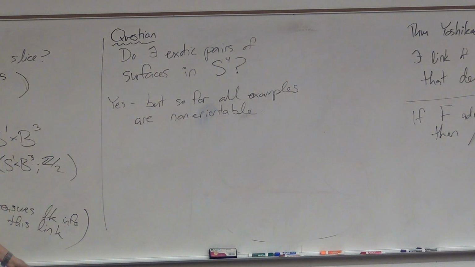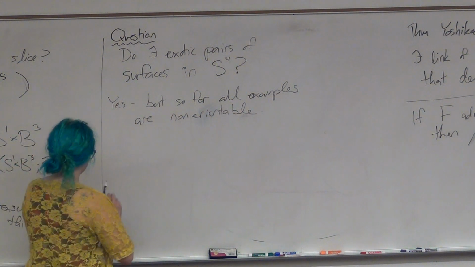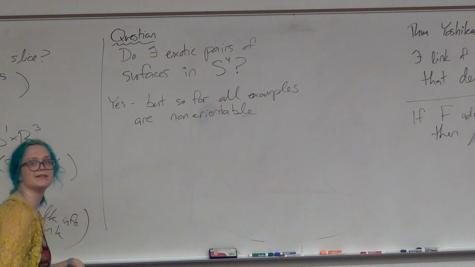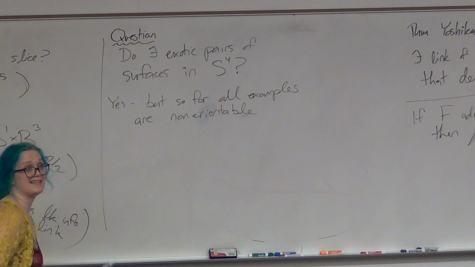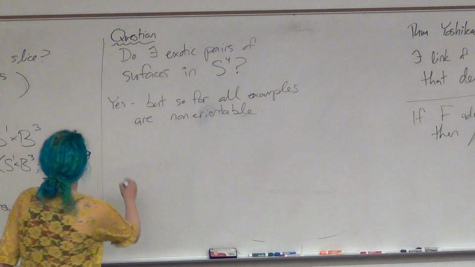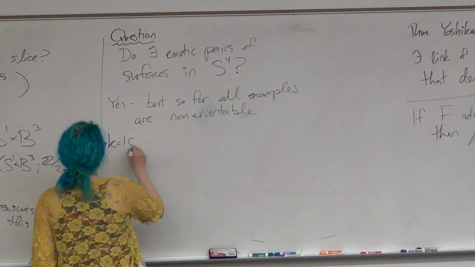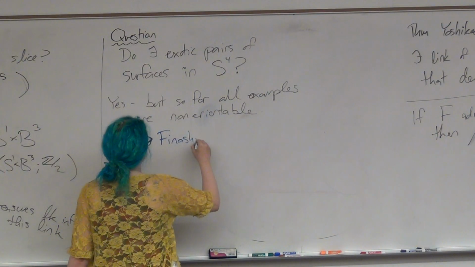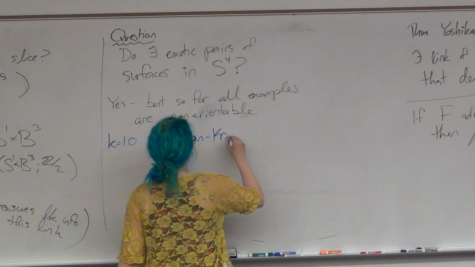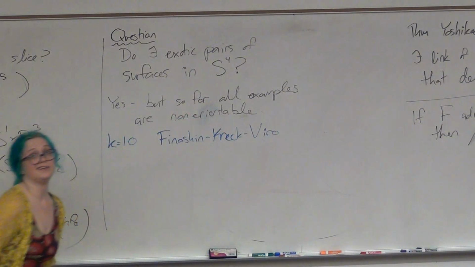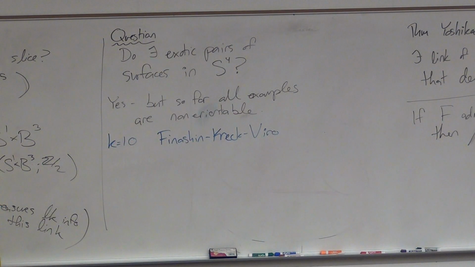They've existed in the literature for a long time. So these non-orientable examples, remember we heard about the cross-cap number yesterday? A non-orientable surface has a genus, a connected sum of some number of RP2s. So for cross-cap number 10, the first examples were by Finashin, Kreck, and Viro back in the 80s. And at this time they had to do two really hard things. They had to construct surfaces and prove that they were topologically isotopic.